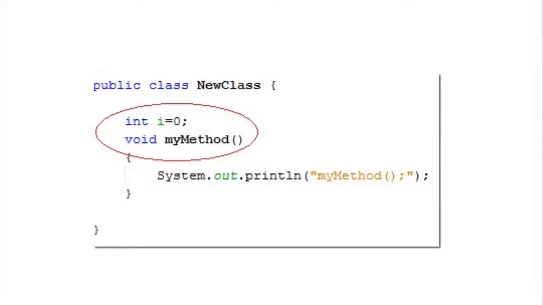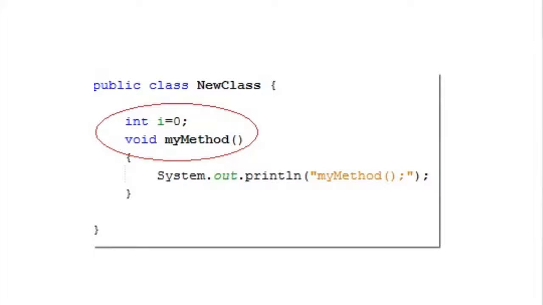By default, Java will take it as the default access modifier. You can write public void myMethod easily. You can also declare your method as private or protected.